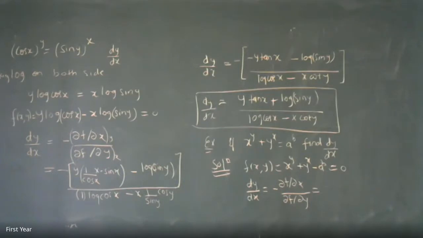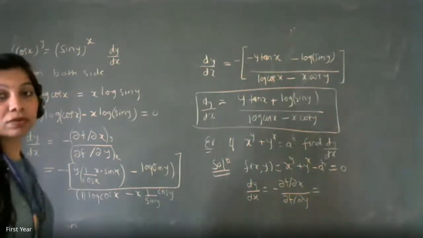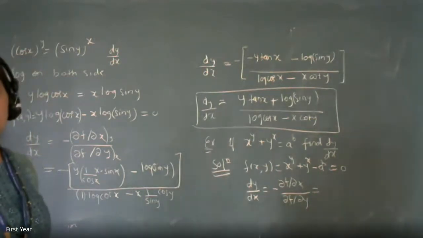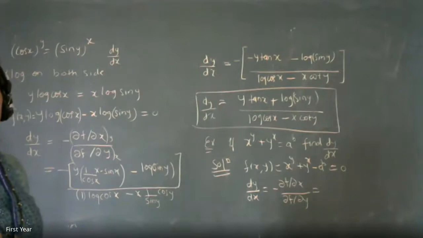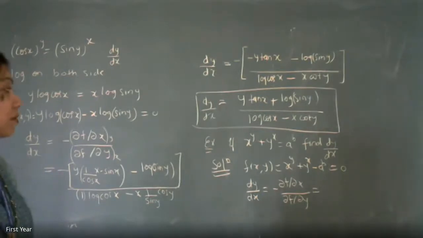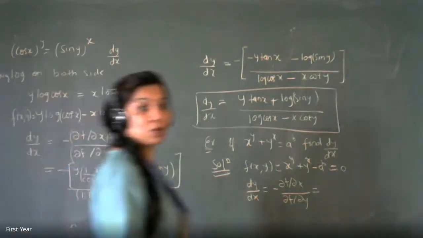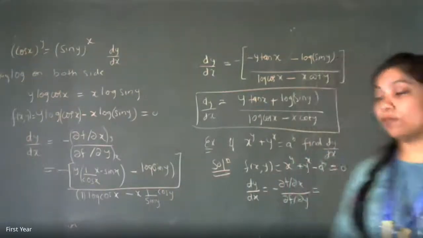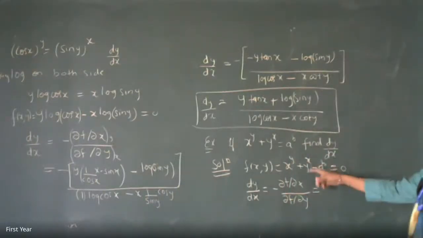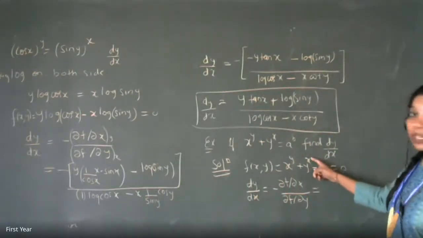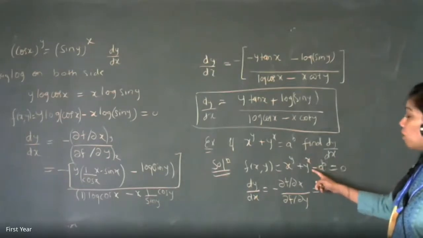When you're differentiating it with respect to x, y is constant and the power is x. Fine. This is the final answer that everyone has written. Let me check. Only a few students have tried to solve it. Log x, log y terms will be there. Please don't make silly mistakes. You have to be careful. Y raised to x is depending on x. So what is the derivative of y raised to x? Y raised to x log y.